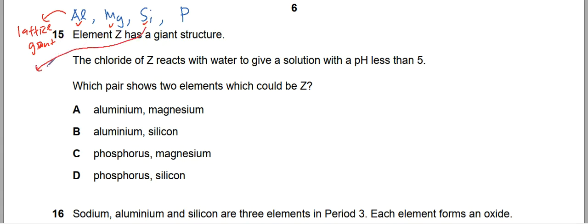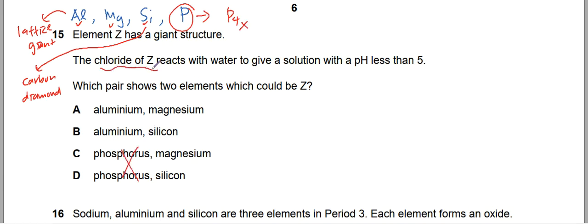Silicon has the same structure as carbon, a diamond structure, which is also a giant lattice. But phosphorus is present as molecules of P4, so it's not a giant structure, so we can exclude phosphorus at this point.